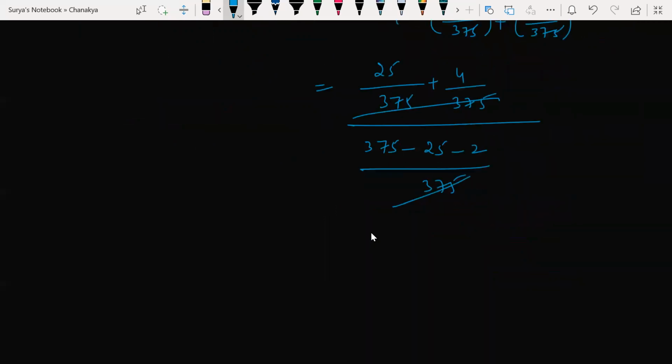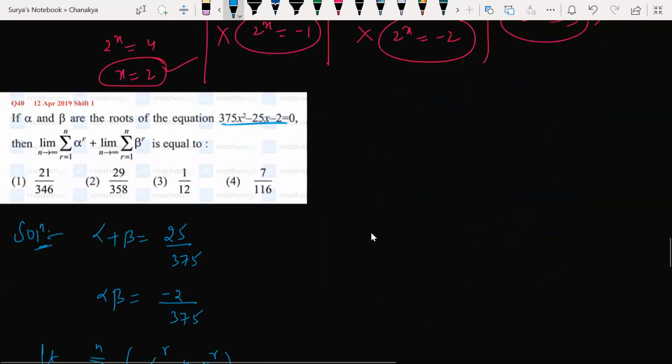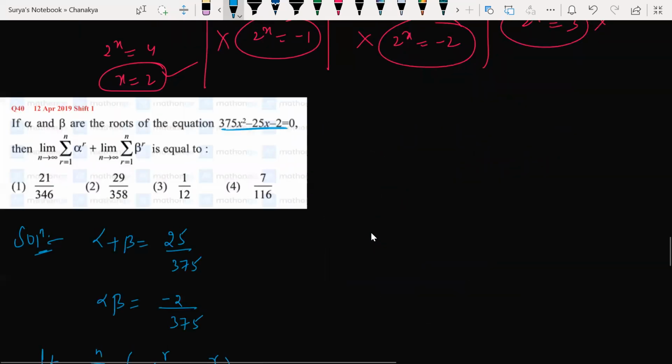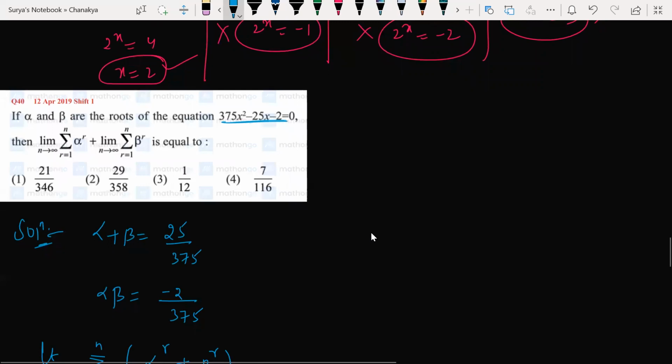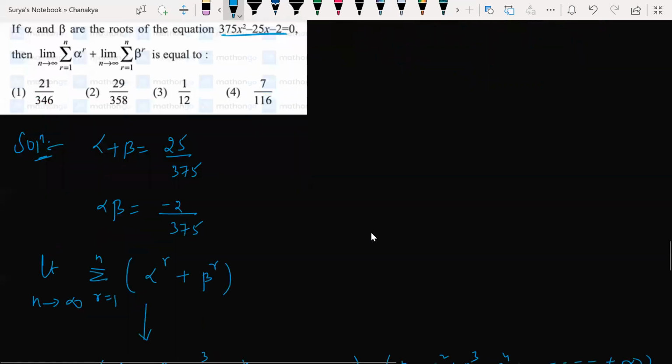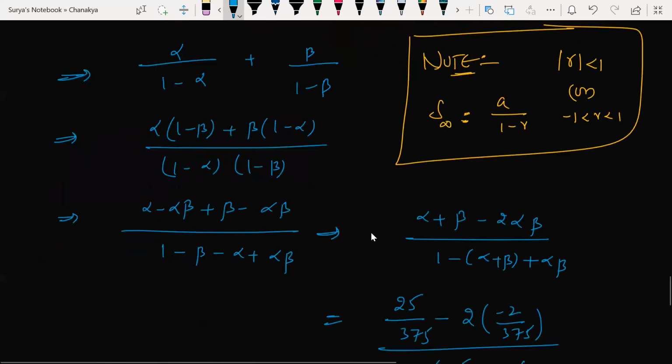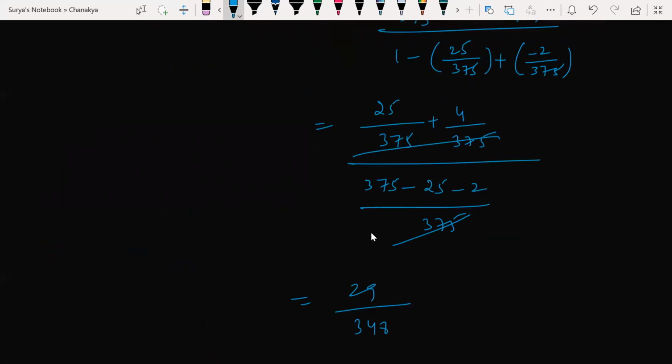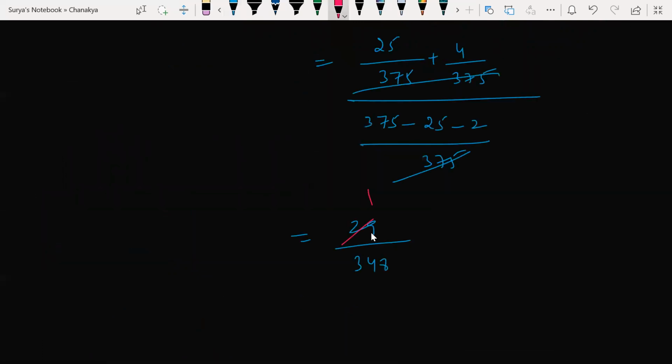So 29 by 348. Not 358, we have 29 by 348. Let's simplify. Can we simplify this? 29 ones, 29 tens, 11s, or 12. Yes, 1 by 12. 1 by 12 is the answer.